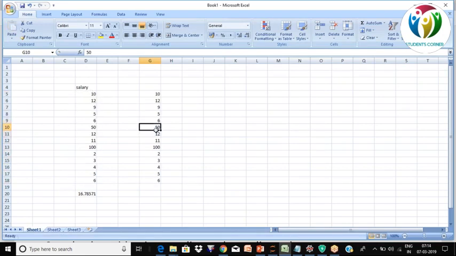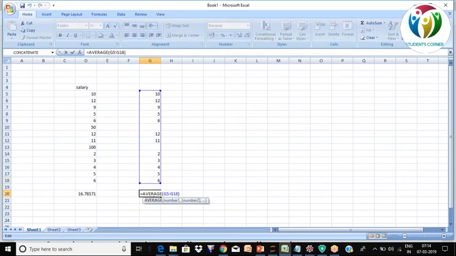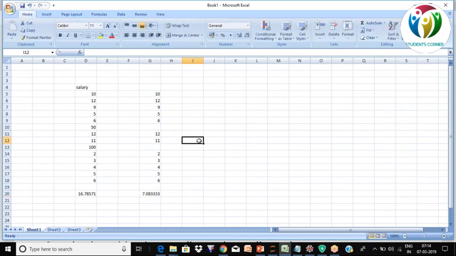Let me remove these and copy. Now this average is of these remaining values. What is the average? It's 7. You see, there is a lot of difference between this and this. Why? Because in this, the outliers are impacting your average value.